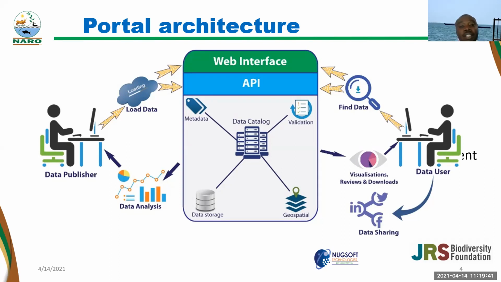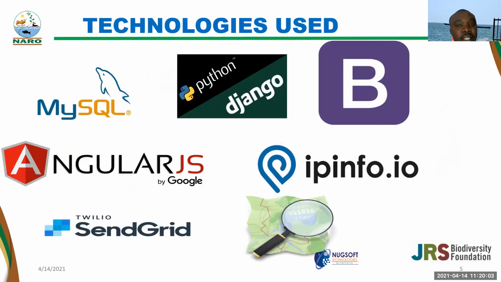And then data is shared in the process. So we have a supply at one end, and we have the data user at the other end as well. That showed the architecture, how data is sent to the portal, stored, and again shared to end users.